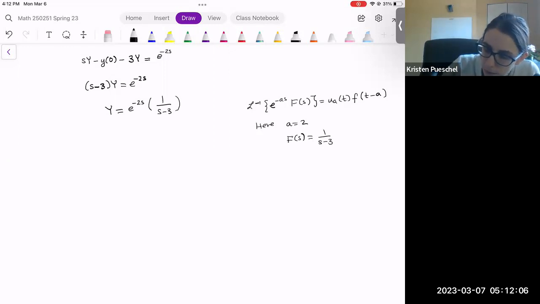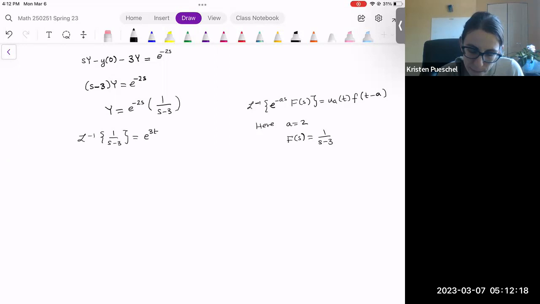All right, so we are going to take the inverse Laplace transform of 1 over s minus 3. And we get e to the 3t. Okay. So y of t then is going to be u2 of t. So that's coming from our a value.